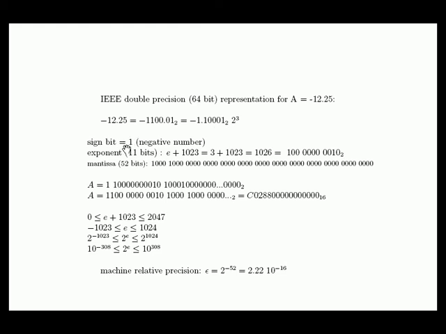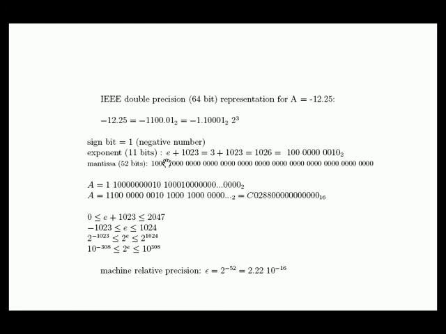Well, the first bit is 1 because 1 means negative, 0 means positive. Then the next 11 bits store the exponent, but they don't just store the 3. I would have guessed that the next 11 bits would be one sign bit to tell whether the exponent's positive or negative, and then 10 bits to give the magnitude, but that's not quite the way it works, although it's almost equivalent.